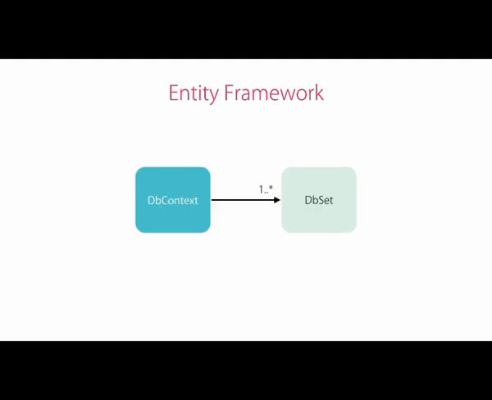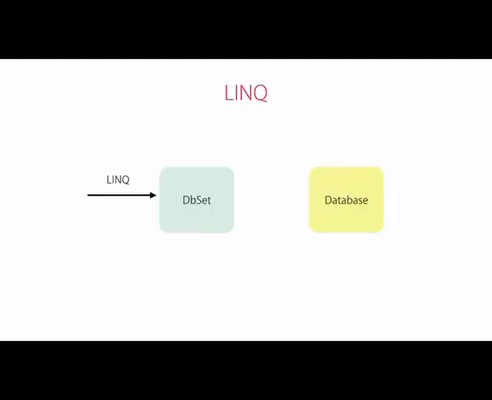Entity Framework provides a class called DbContext, which is a gateway to our database. A DbContext has one or more DbSets which represent tables in our database. We use LINQ to query these DbSets, and Entity Framework will translate our LINQ queries to SQL queries at runtime.